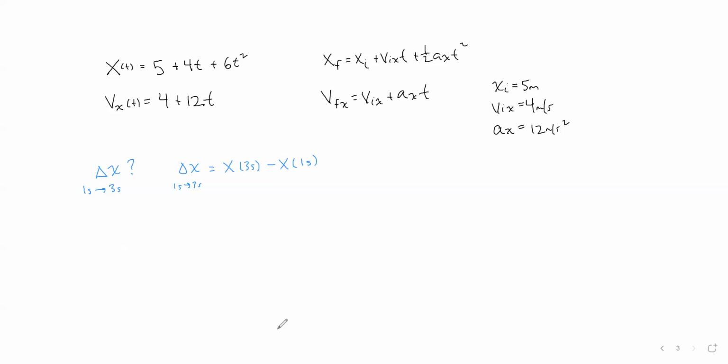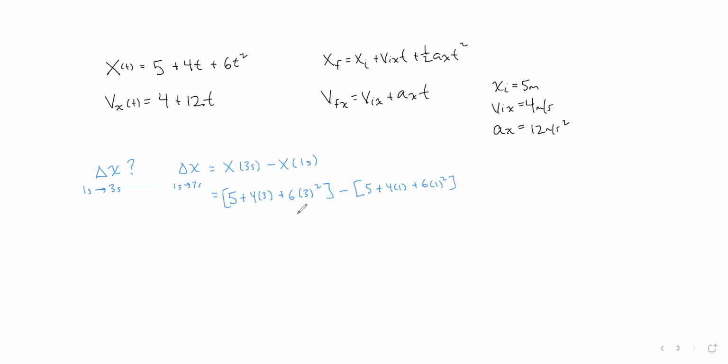So to find the displacement, I simply plug in 3 seconds. I'll leave out units here, but I plug 3 seconds into the position formula. Okay, I'll bracket that. And then I subtract, and I plug 1 second into the position formula.